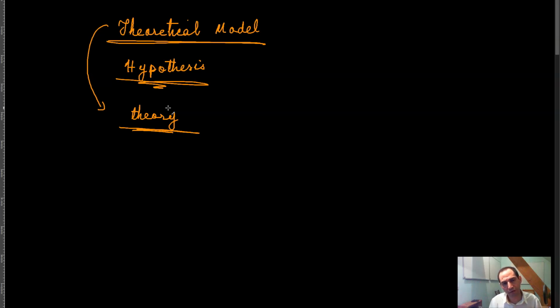Even after 100 years, we sometimes have to abandon the whole theory completely, and then find a new theoretical model and therefore a new theory in order to explain the same natural phenomenon. So that is the whole story behind the scientific method.